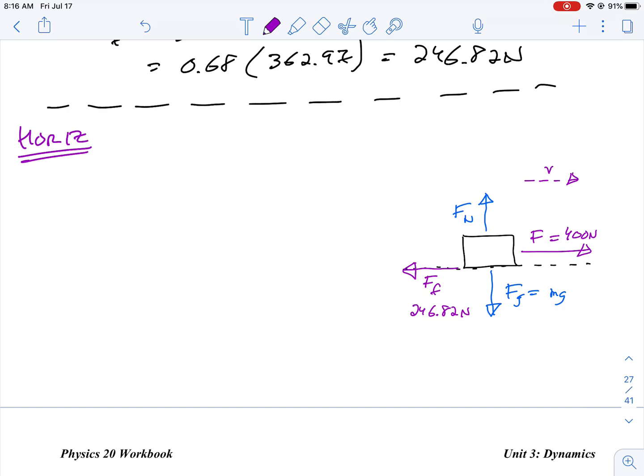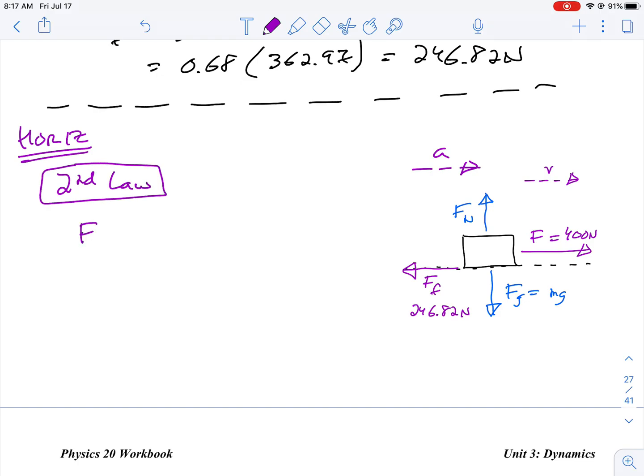And we're looking for the acceleration. In fact, take a look at this diagram. Which way would it accelerate? Can you see that the force to the right is bigger than the force to the left? So that means that this thing will accelerate to the right. So, because there's acceleration, that'll be Newton's second law.